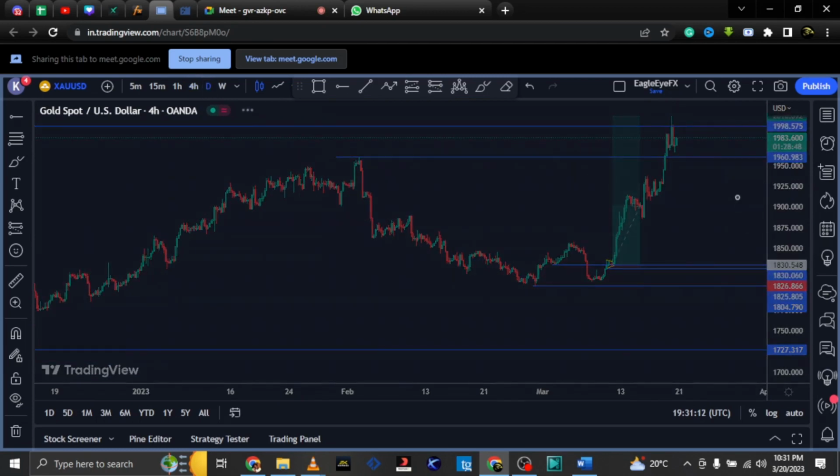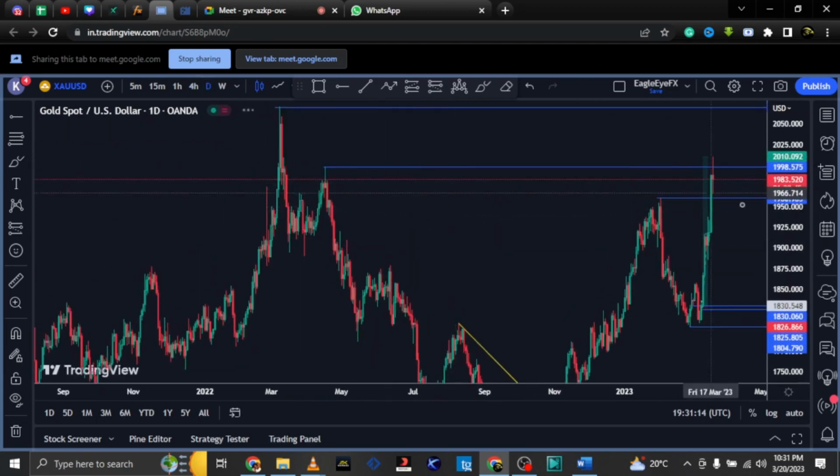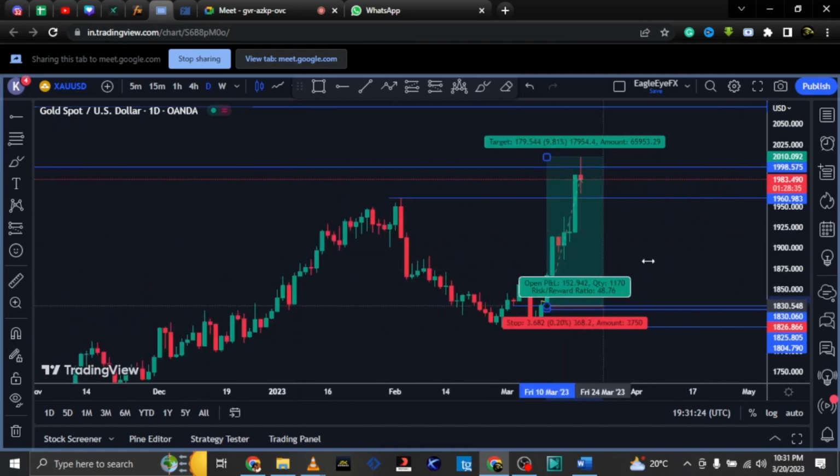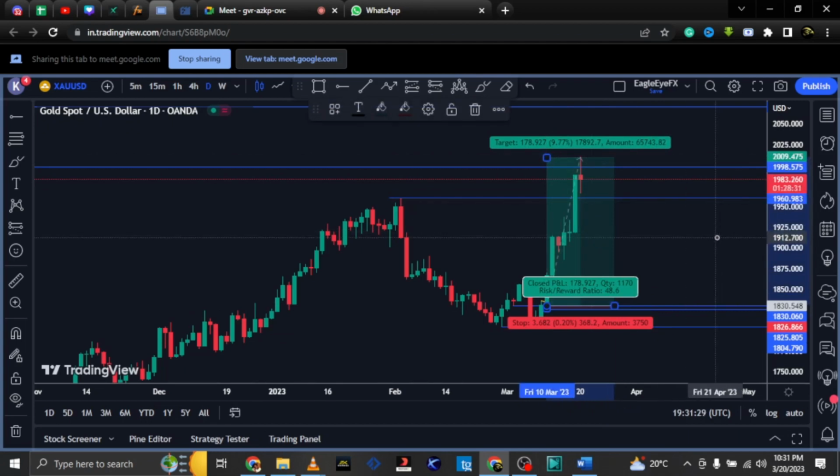Of course, if I go to the daily time frame, you can see there was this high, and this high, and this last high over here, which I'm suspecting it might come all the way to. I missed the trade, no problem, but you can see so far the trade has played 48.6%. Wow. This was one of the biggest wins.